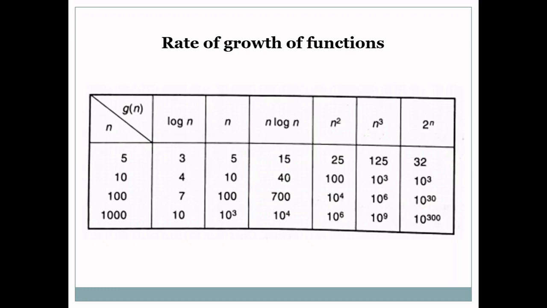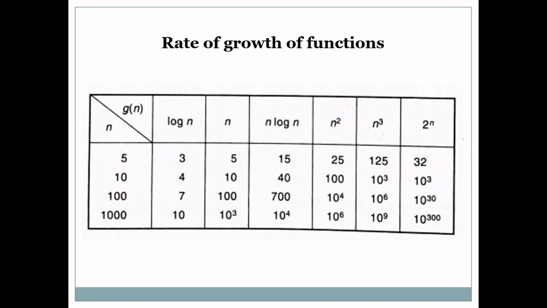So, from this table, we know that the most efficient algorithm will be the one having the complexity log n, because it needs less number of operations for the corresponding number of inputs.